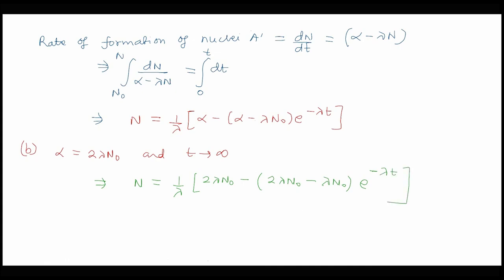So I can write it as 1 by e to the power lambda t. As t approaches infinity, this value will approach 0. Then we will be left with n equals 2 lambda n naught by lambda, and hence the value of n will be 2 n naught. So this is going to be the answer for the B part.